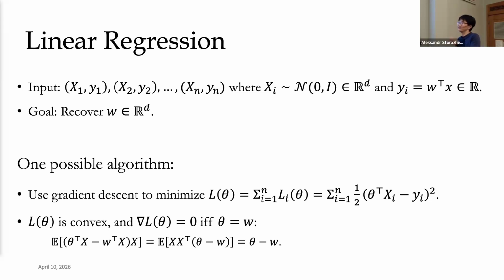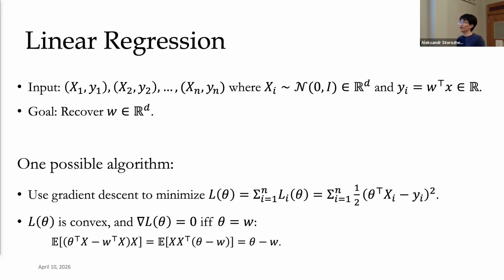There's one local optimum and one global optimum, which is W, right? You can verify this in many ways. One way to do it is just to compute the expectation of the true gradient when X is drawn from a Gaussian, or I guess any distribution where the covariance is identity. You know that if your gradient is 0, then you're at the global optimum.